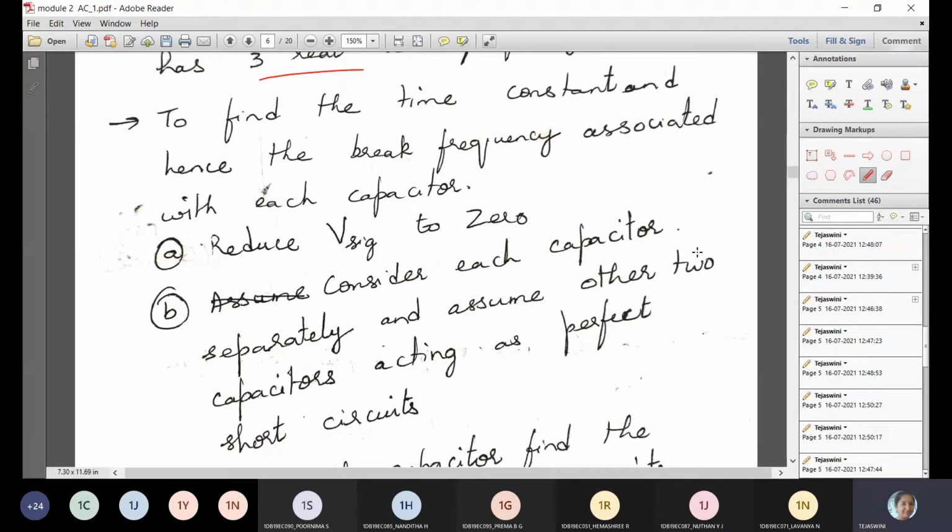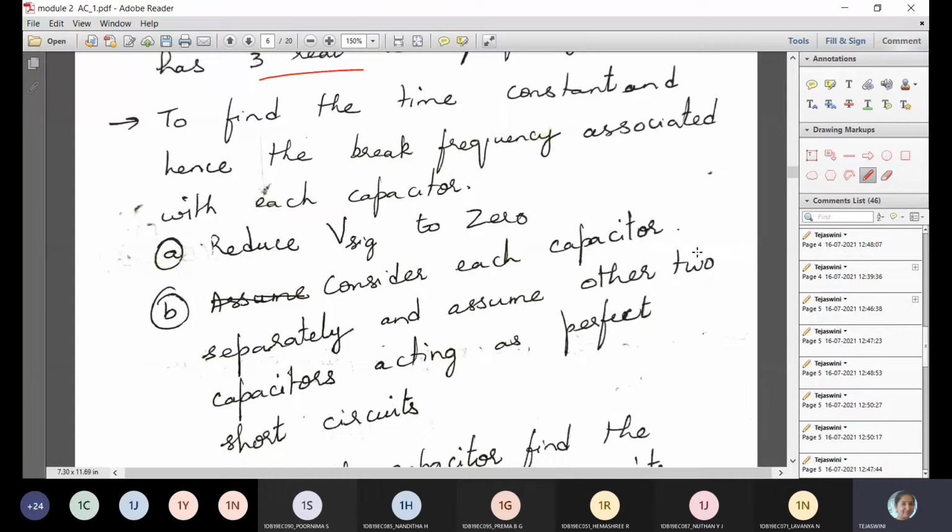So first, we need to reduce the signal voltage to 0. The second step is to consider each capacitor separately and assume the other 2 capacitors act as perfect short circuits. So in the first case, omega P1, we found by considering CC1 and assuming the remaining CC2 and CS are short circuits.